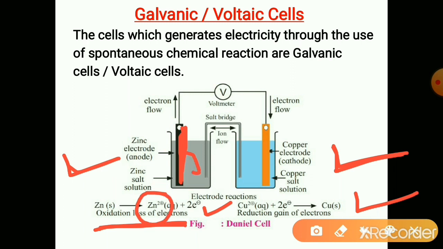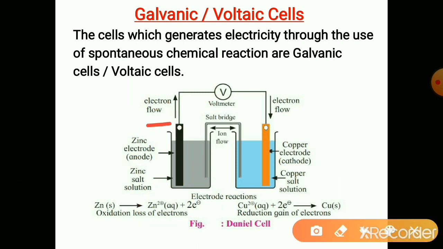They get released into the solution and the electrons remain on the electrode. So zinc is the anode, which is negatively charged. Negative potential develops on the anode.